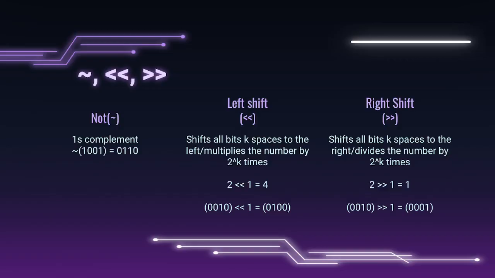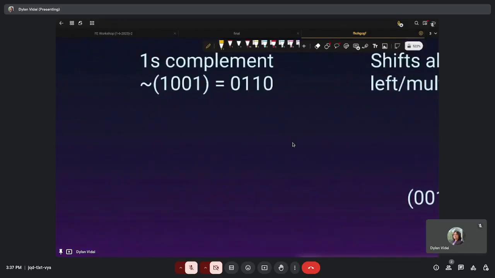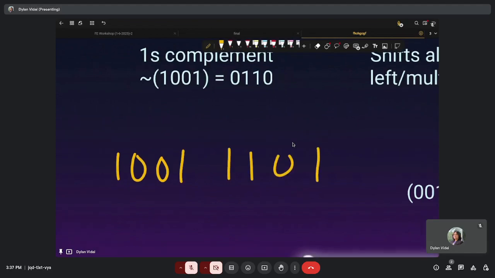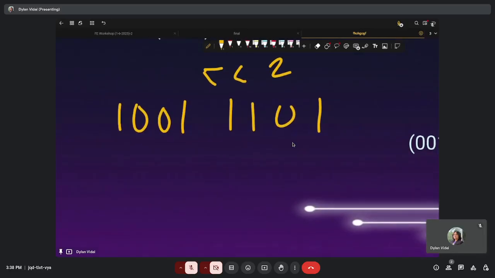So in the instance of 1, 0, 1, or 0, 1, 1, 1, 0, 1, if we performed a left shift by 2, then each of them goes 2 to the left.